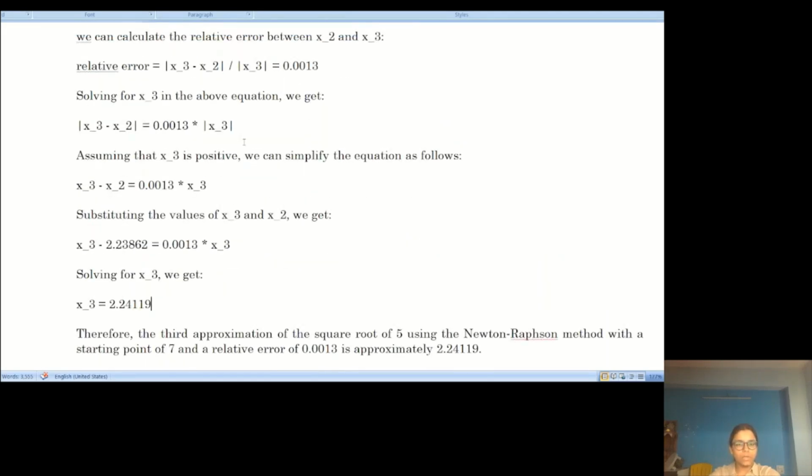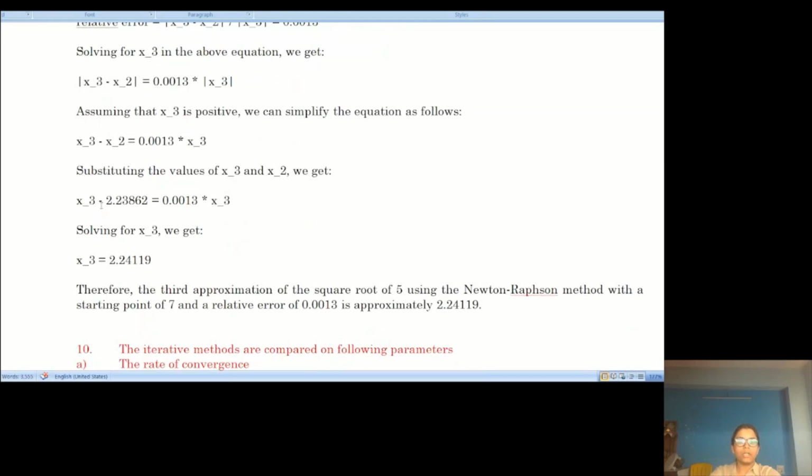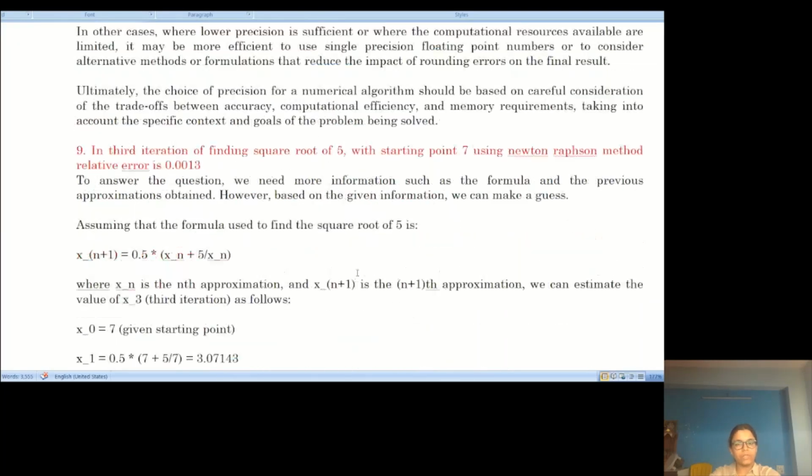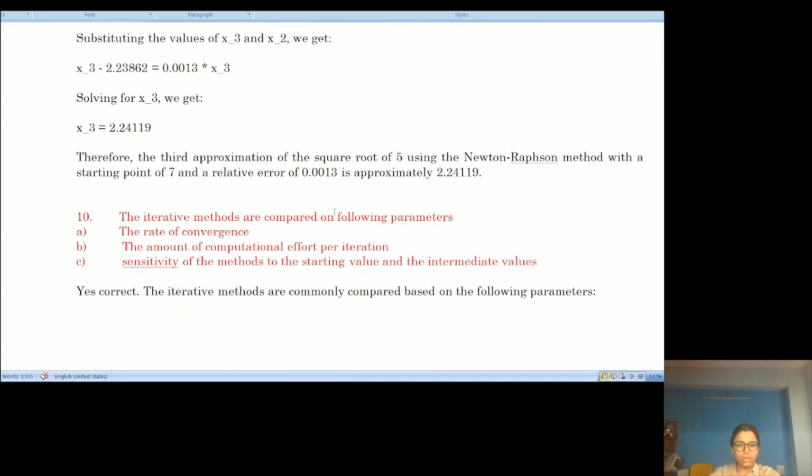With the whole computation, you can say that the third approximation of the square root of 5 using the Newton-Raphson method with a starting point of 7 is approximately 2.2499. So the statement is not true, approximately. The ninth question is true, as we can say that the relative error is 0.0013.